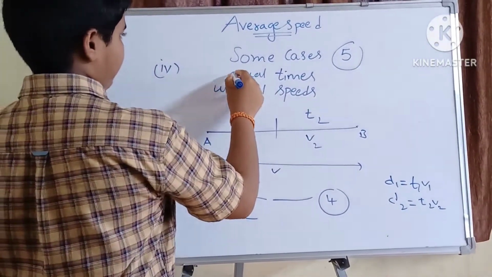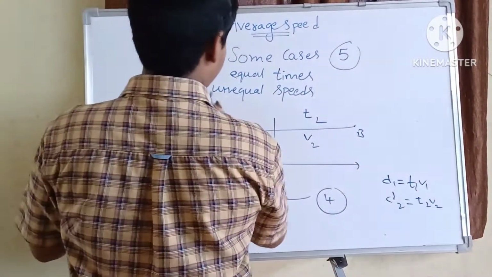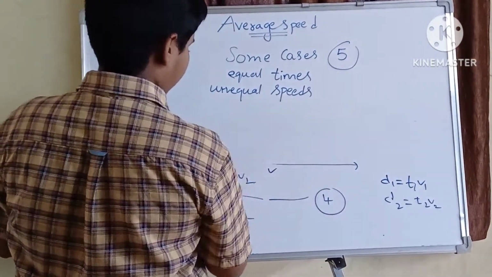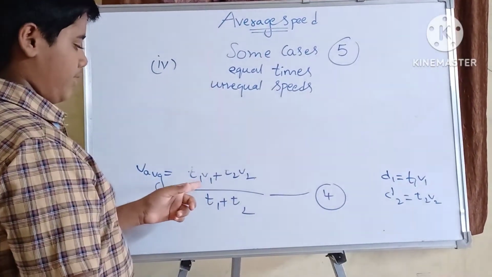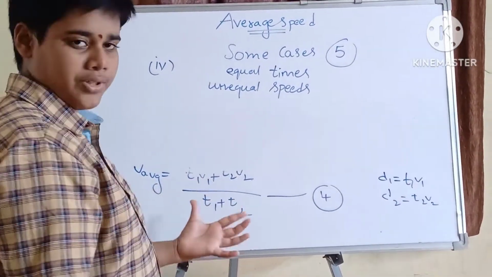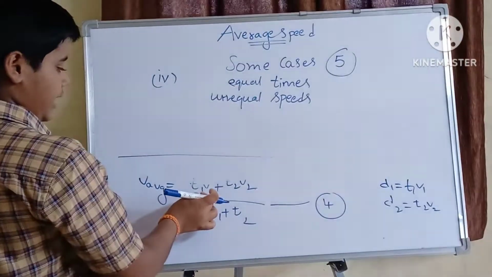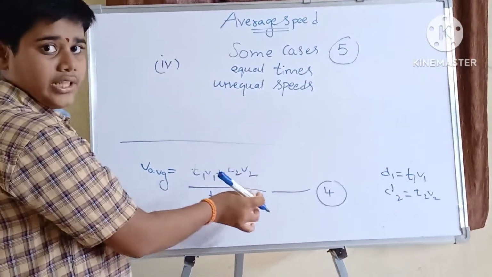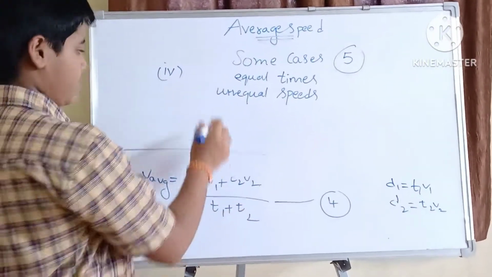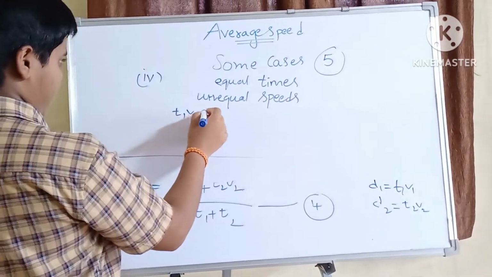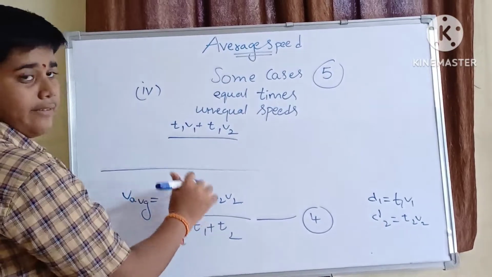Here when they give equal time, we substitute in this case for an easier purpose. So equal time means T1 is equal to T2. I am taking the equal time as T1. So T1 V1 plus T1 V2 by T1 plus T1.